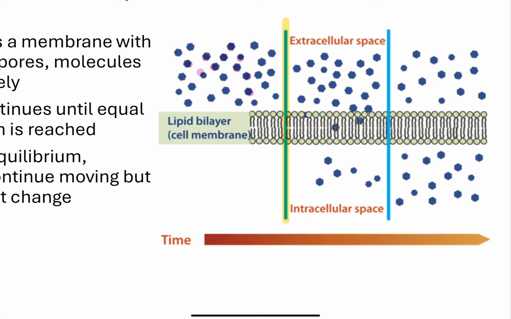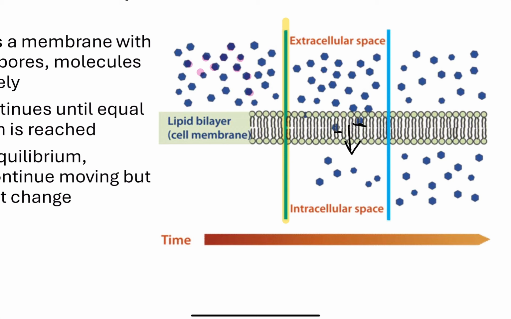And the cell wants these molecules to go inside of it. So each molecule is going to wander randomly, but the net movement of all of the molecules is going to be across the membrane, which is what we're seeing here. We're seeing certain molecules start to move down into the intracellular space.